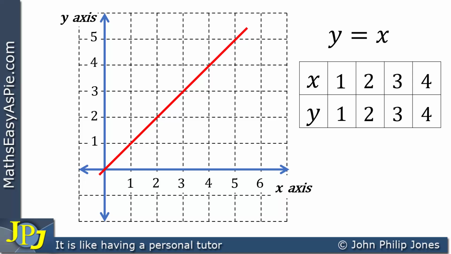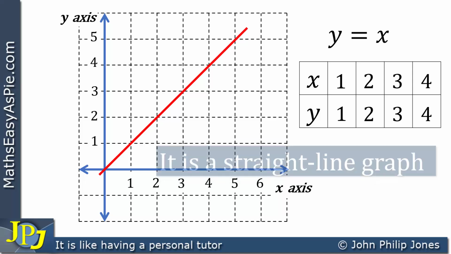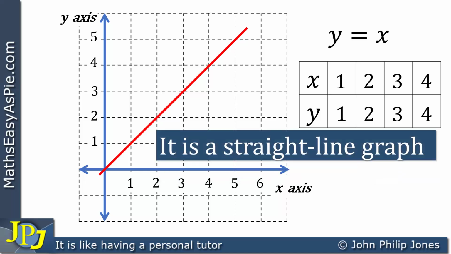So what you're looking at here is an example of a straight line graph. And I knew it was going to be a straight line graph before I plotted it, because I can recognize it from this here, y equals x. And we'll discuss how straight line graphs can be identified even before you plot them in the videos that are coming up in this playlist.